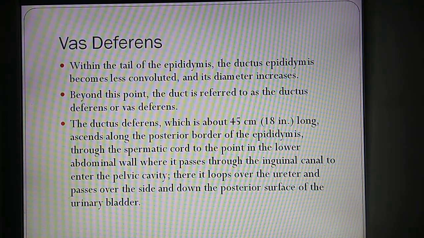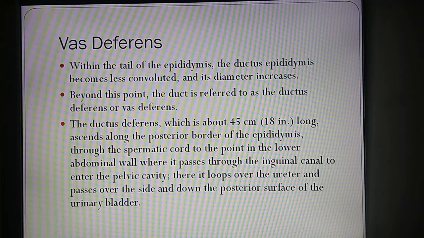Now, vas deferens. Next coil is vas deferens or ductus deferens. Within the tail of the epididymis, the ductus epididymis becomes less convoluted and its diameter increases. Beyond this point, the duct is referred to as the ductus deferens or vas deferens.